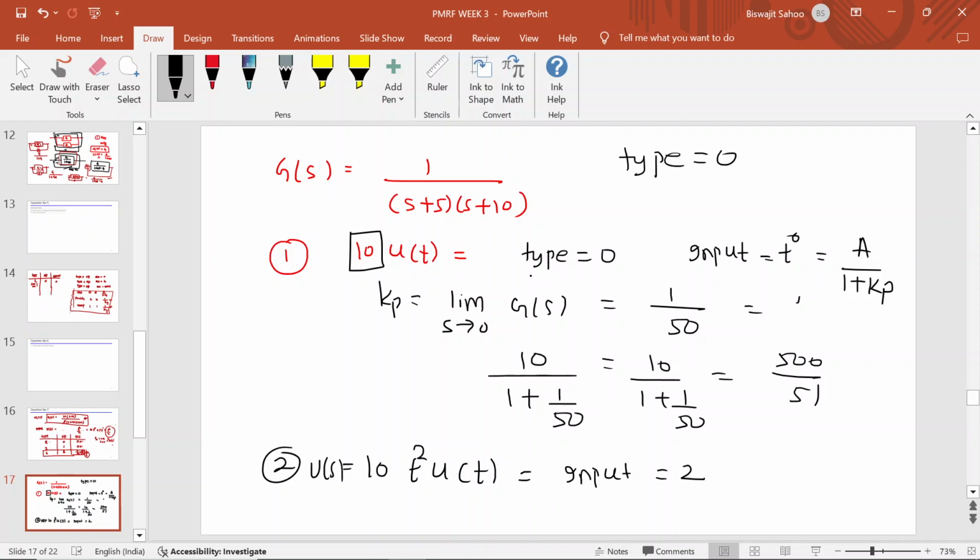Have you cleared the idea about steady state error? Yes, sir, it's clear, sir. Okay, fine.